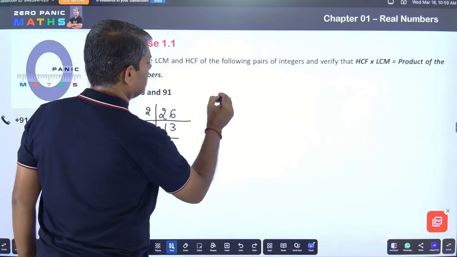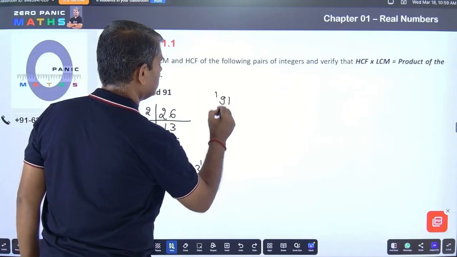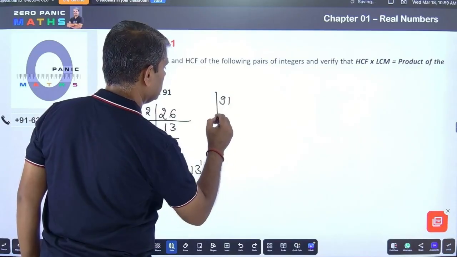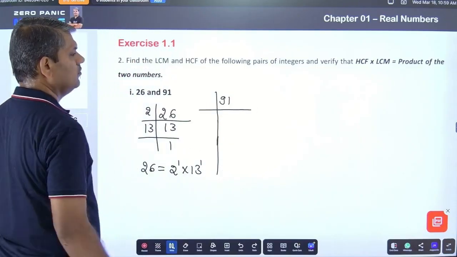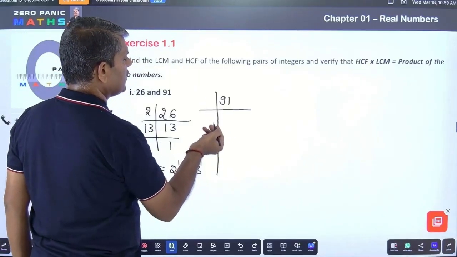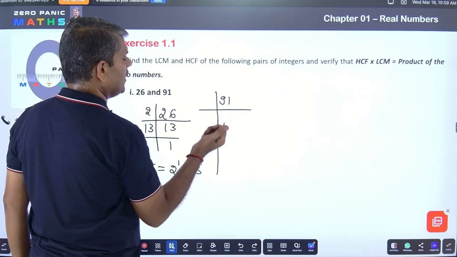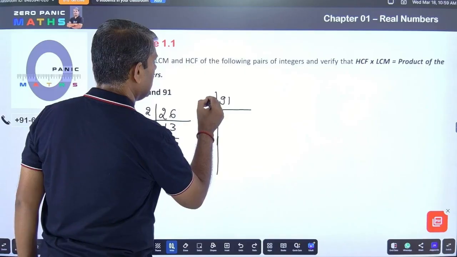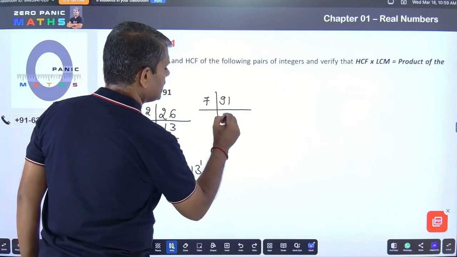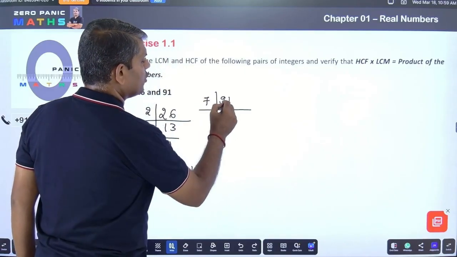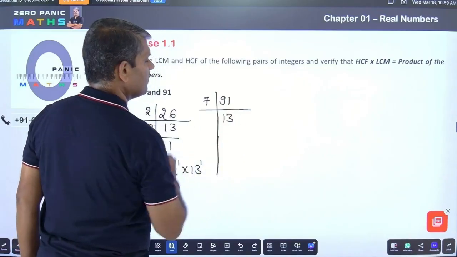Now 91. As you can see, it cannot go with 2, 3, 5. So it will go with 7. I'll go with 7. 7 ones are 7, 2 remains. 7 thirteens are 91.